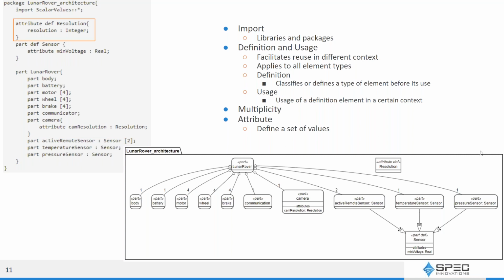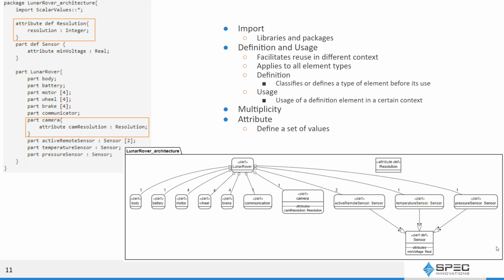Attribute definitions, which are currently highlighted with the orange square on the upper left, define a set of values that could be data values, qualitative values, quantitative values, or any data structures of such values. Attribute usages are usually a feature of a part, which you can see in the next rectangle below it.